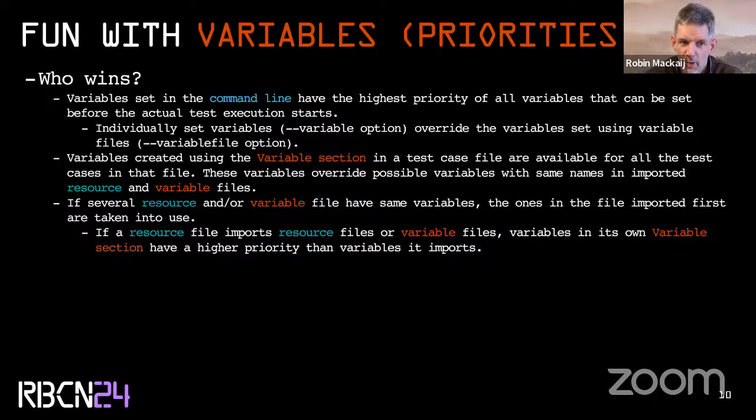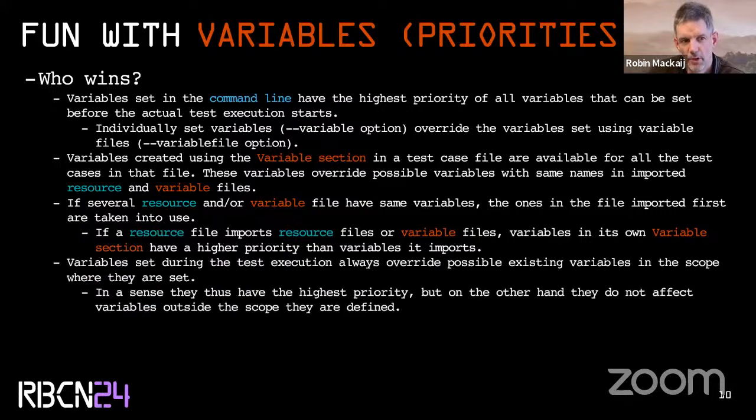And if you have several resources or variable files with the same variable, then the first one being imported wins. And then there was also an order between resources in their variable sections and variable files. And then if you set them at runtime, those also trump whatever was there.